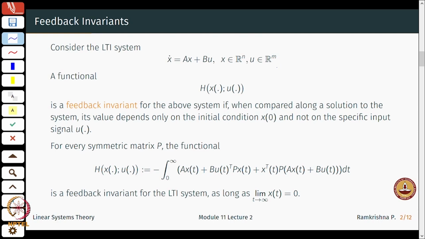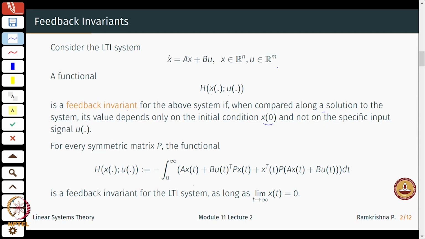If I have a system, again a standard LTI system, a functional H defined on x and u is a feedback invariant for the LTI system if, when computed along a solution to the system, its value depends only on the initial condition and not on the specific input signal u.